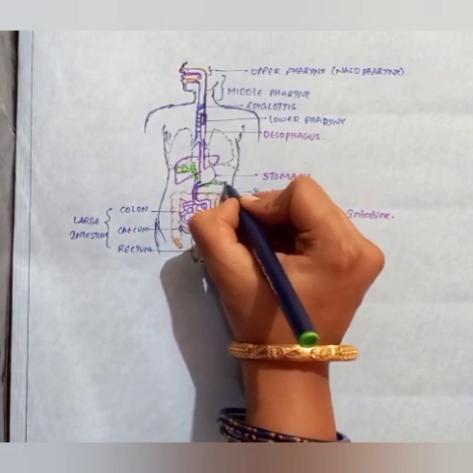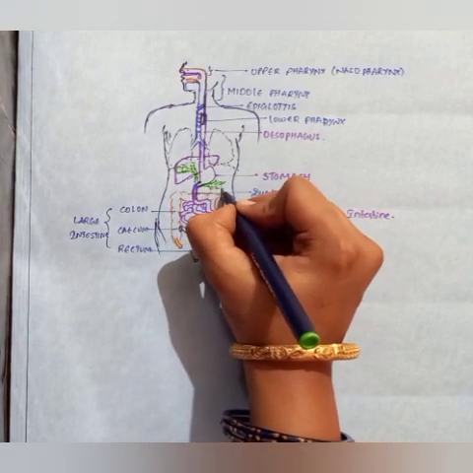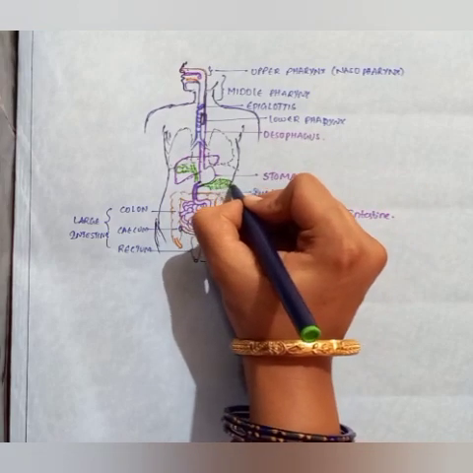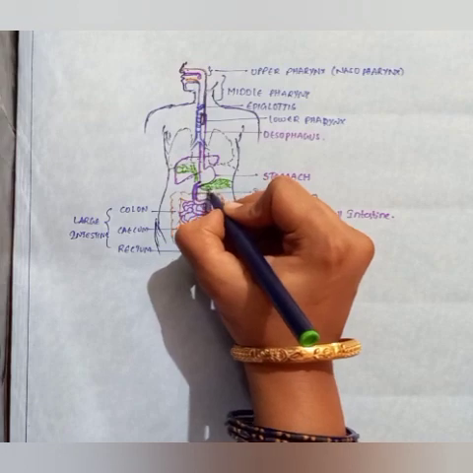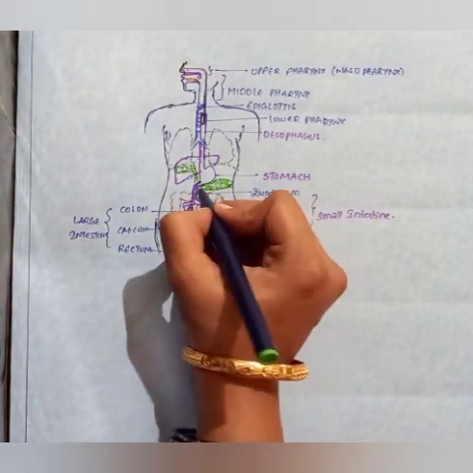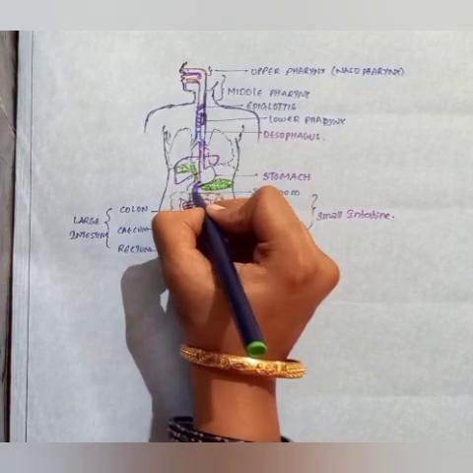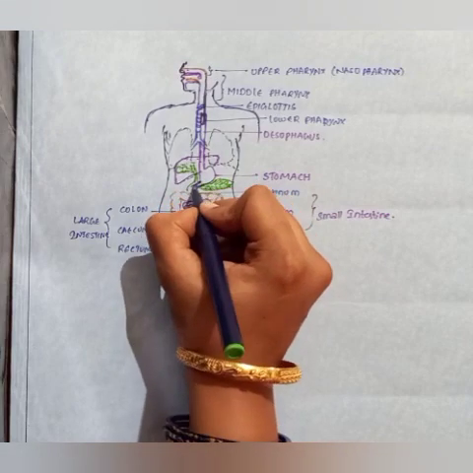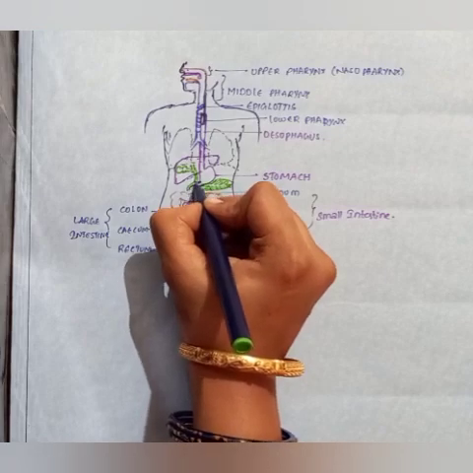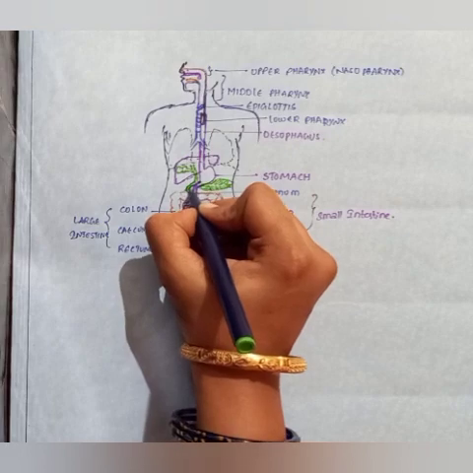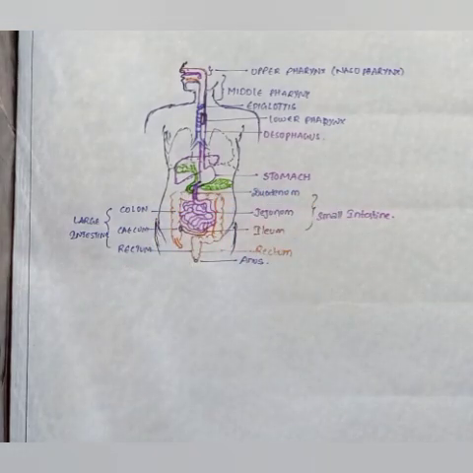The pancreas is a leaf-like organ present below the stomach or adjacent to the stomach, like this. Now bile juice from the liver and pancreatic juice from the pancreas together enter this pipe, and they'll get emptied into the duodenum, right?